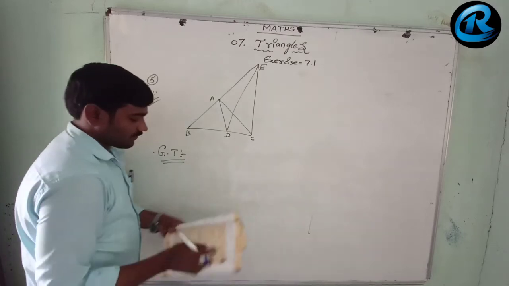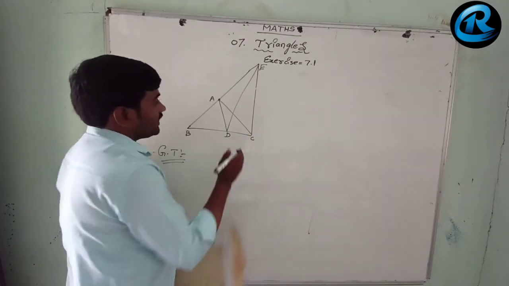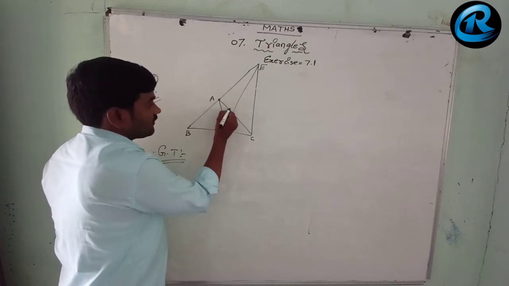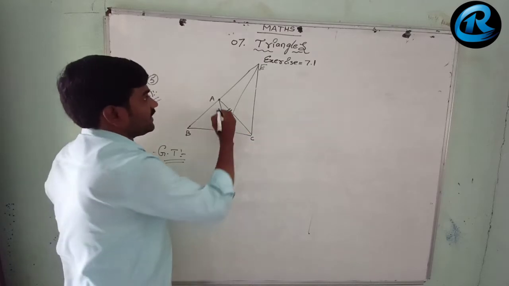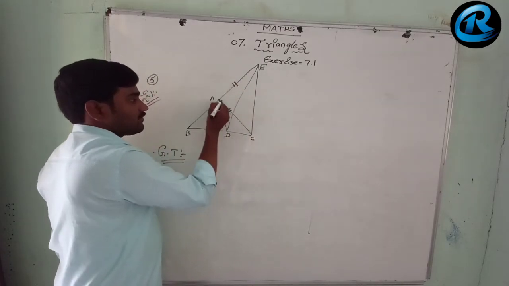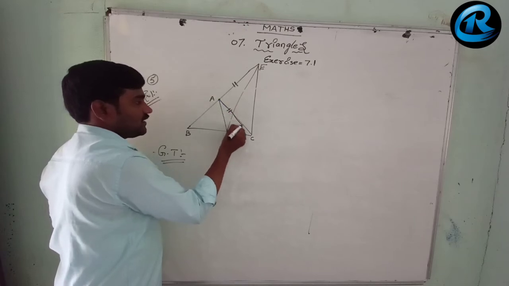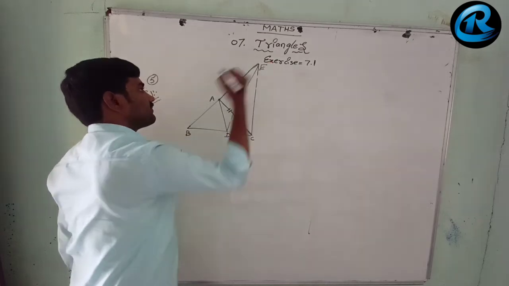Let us see once. Now AC equal to AE. Where is the AC here? See, this AC is marked with a single mark. AC equal to AE. Okay, these two. So this AC side is equal to this AE side. Okay.